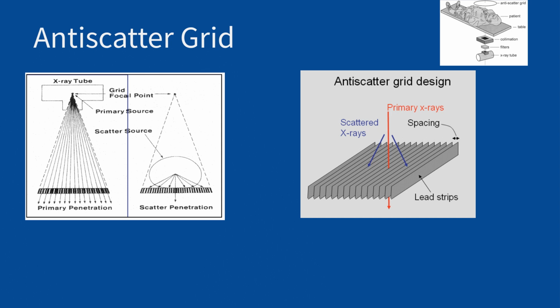Anything that does not come straight onto the scatter grid will be ultimately absorbed by this lead and removed from that X-ray beam. This is not perfect. Anti-scatter grids do reduce some of the scatter and thus some of the noise, but certainly you can continue seeing noise with an anti-scatter grid.